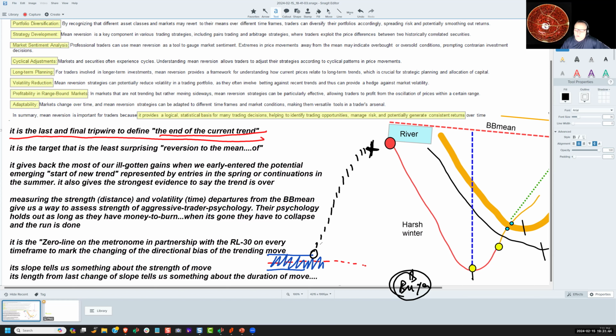And it's not unusual to see things climb the wall of worry, going up the stairs, and then fall out the window and get a rapid reversion to the mean. So you get something like climb up the stairs, fall out the window. The failure, the collapse of buying pressure creates a fearful move to the downside. So you get sharp reversals.